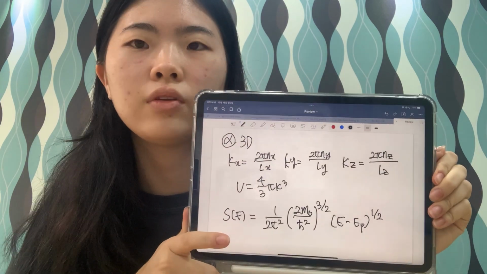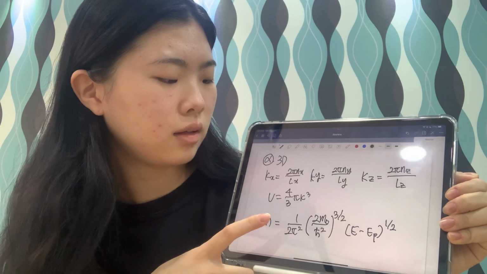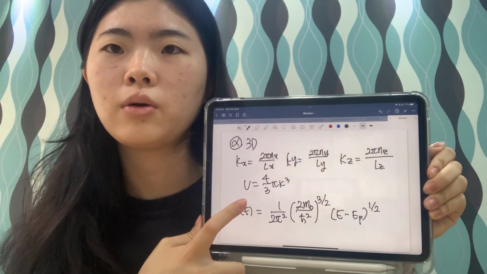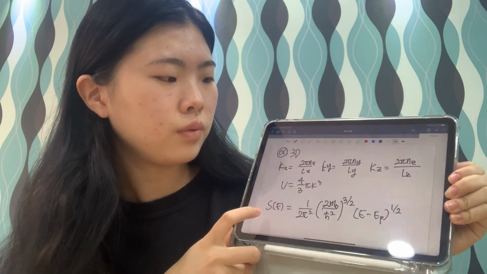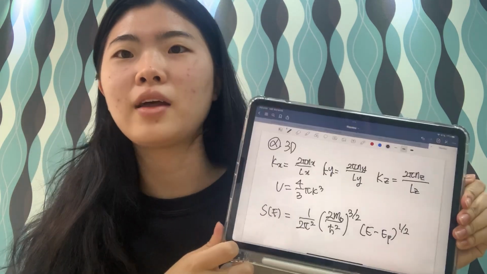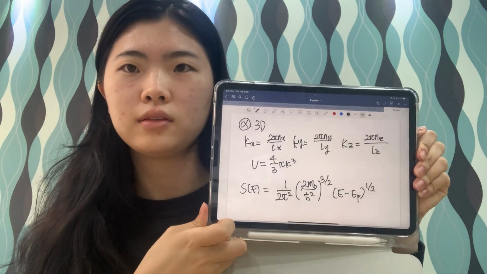In three dimensions, it's the same with kx, ky, kz. Then we use the volume equation in this dimension. After a complex calculation, the density of states becomes like this.